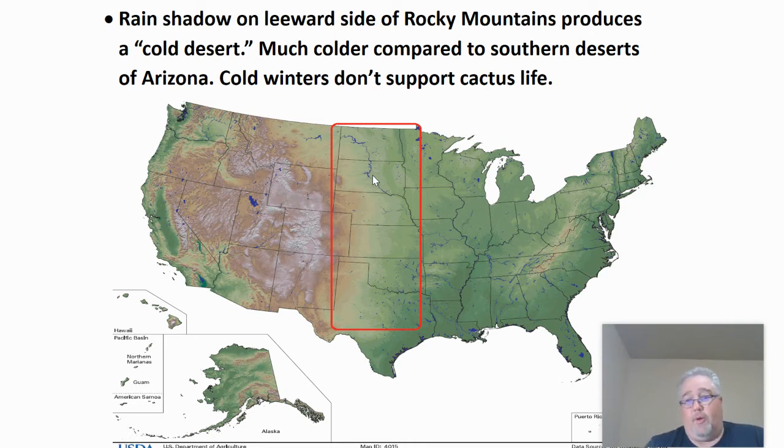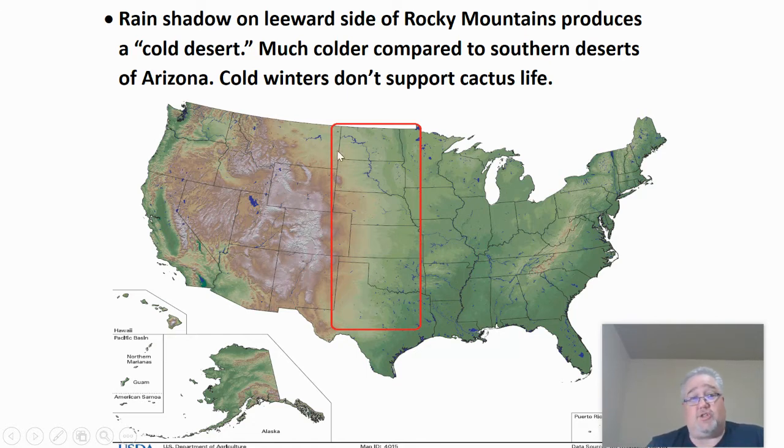Well, all the moisture that blows in off of the Pacific Ocean, once all that wind comes in contact with the Rocky Mountains, a lot of times the rain will fall on the western side, over here. And when that air continues down the other side, all the moisture is gone.